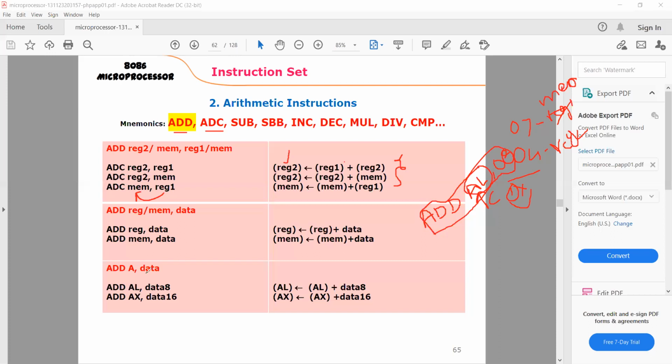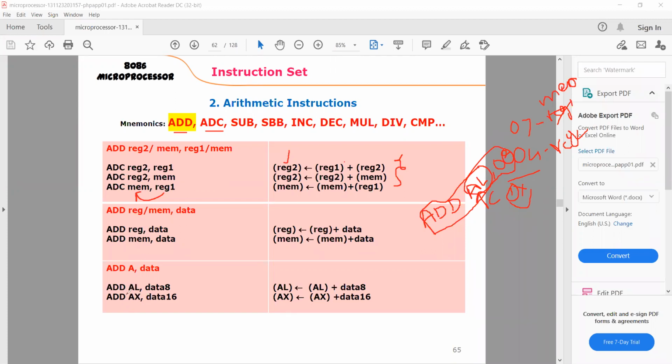Similarly, the same thing here, ADD A, data. Here any register can be used. In this particular segment we can use any of the registers that we have, but here he is directly specifying only the accumulator register, so you can consider this as an example.